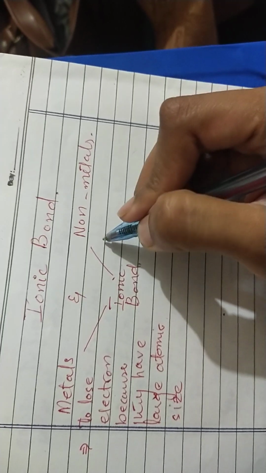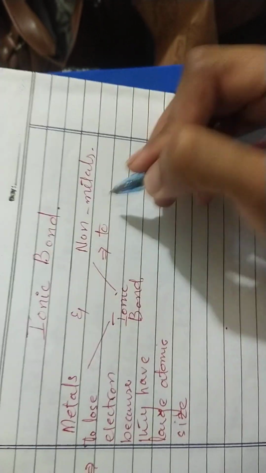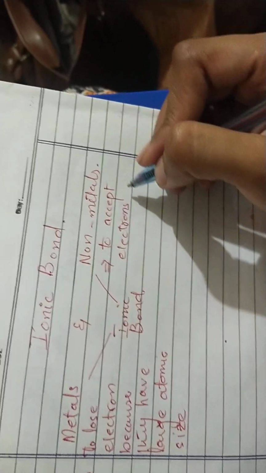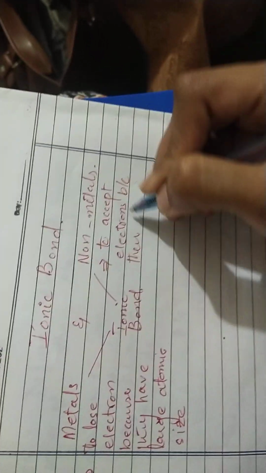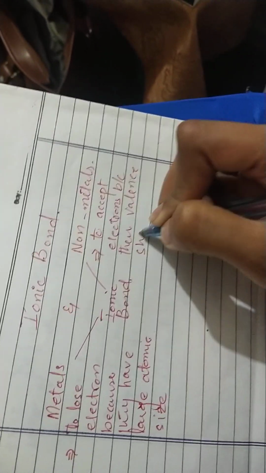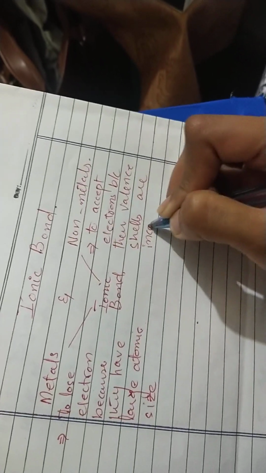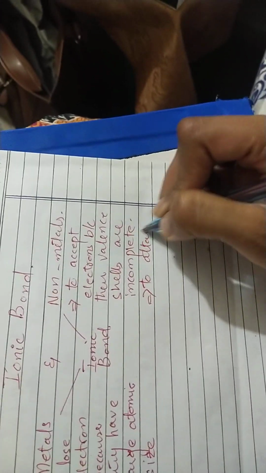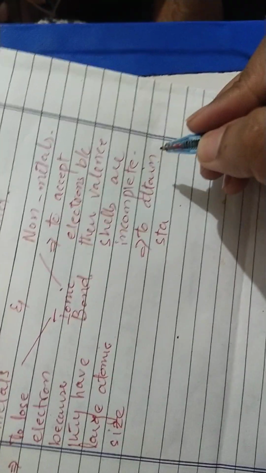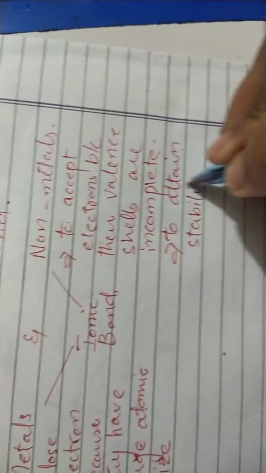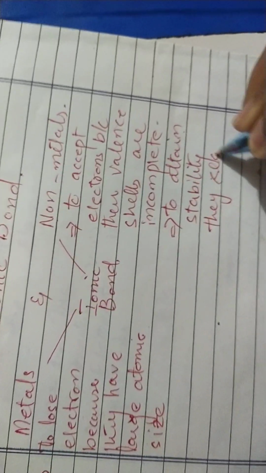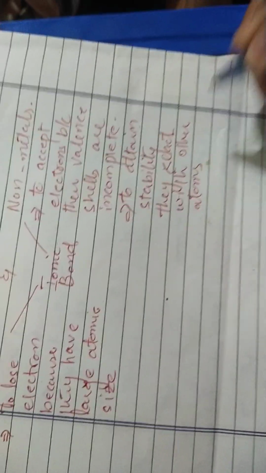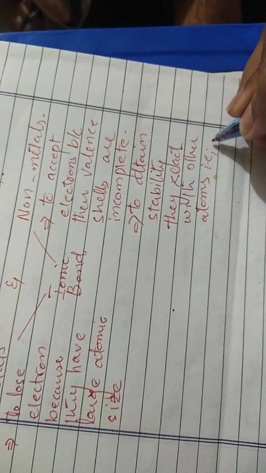On the other hand, non-metals have a tendency to accept electrons because their valence shells are incomplete, and to attain stability they react with other atoms like metals.